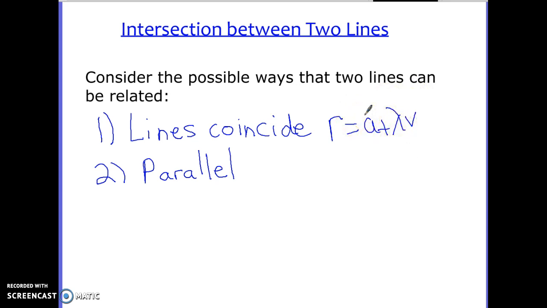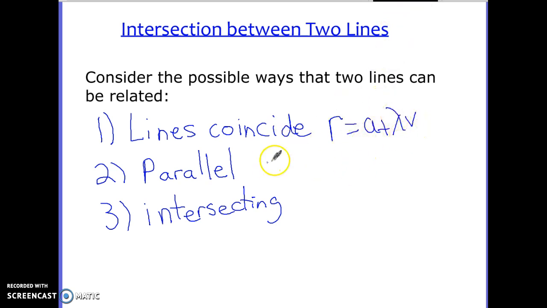Okay, and we'll get to that. And then third, of course, we can have intersecting lines. Okay. And again, what does that mean in terms of the equations?